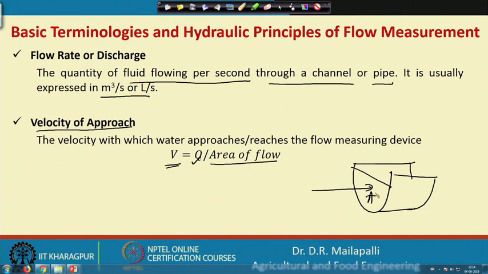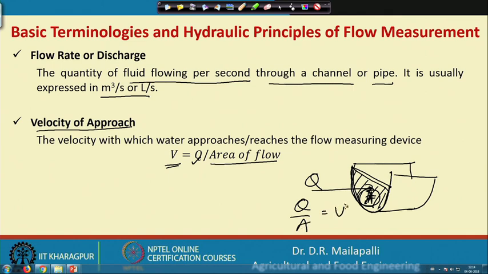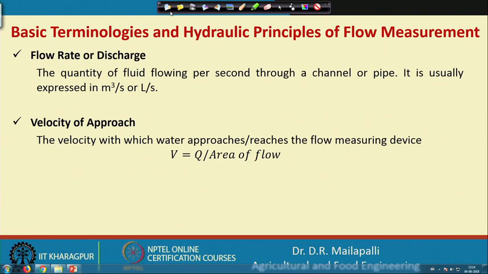So, this is the area of cross section. Suppose you have a measurement device here. Okay. So, it is flowing with q towards the measurement device, and the channel has a cross sectional area of A. Then q by A is equal to the velocity.